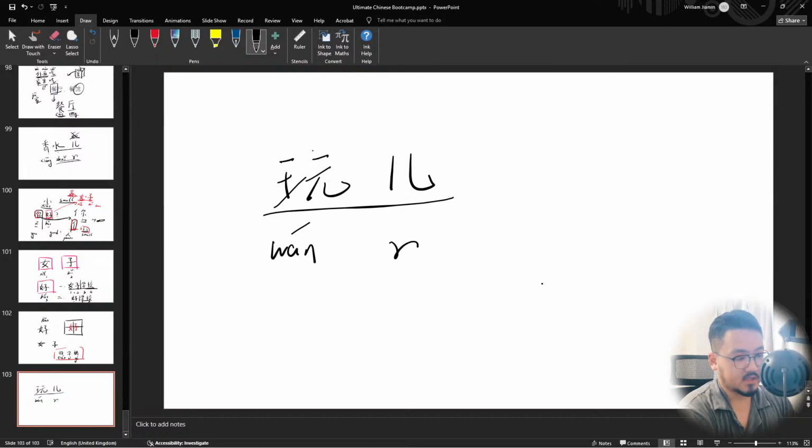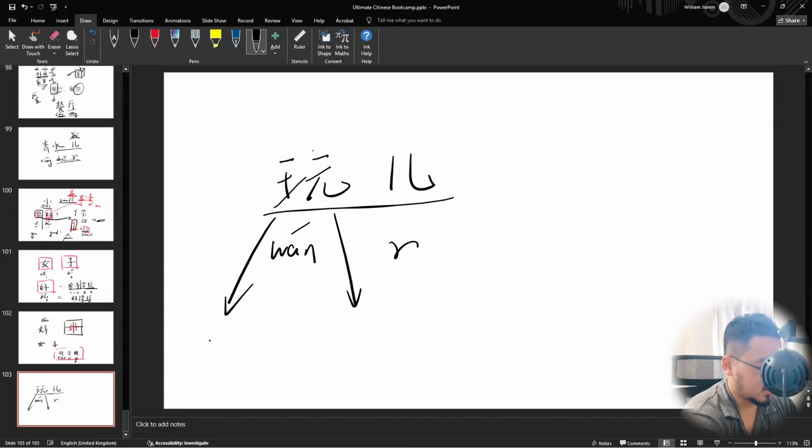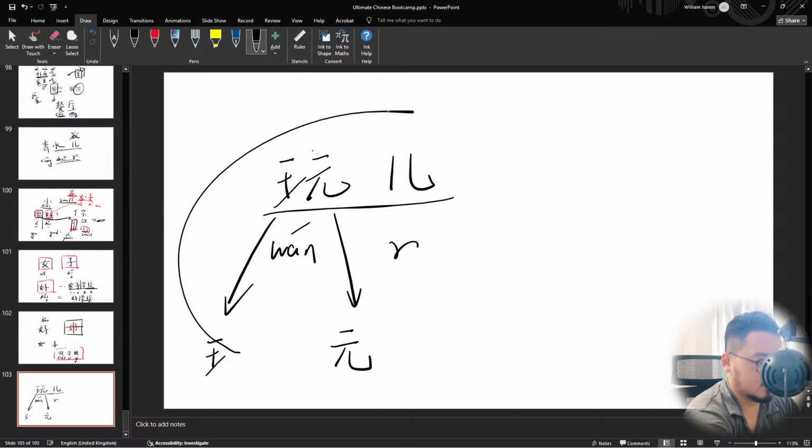Okay, that's just play, right? So if you look at that, you can decompose the left side and right side into two things. The left side is something like this, right? The right side is something like this. And then this is also a character, left side, right? So that's called Wang.